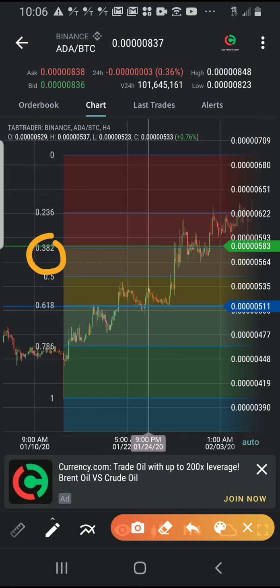So we can say, wow, this is a strong support. And remember, we touched it twice. We bounced here first, touched it again, bounced, and it finally got broken here. Now it finally got broken and we stopped at another level. What is that level?